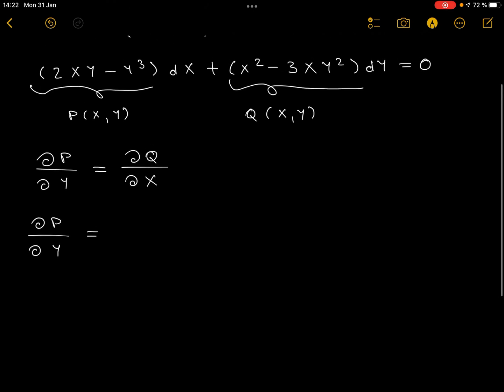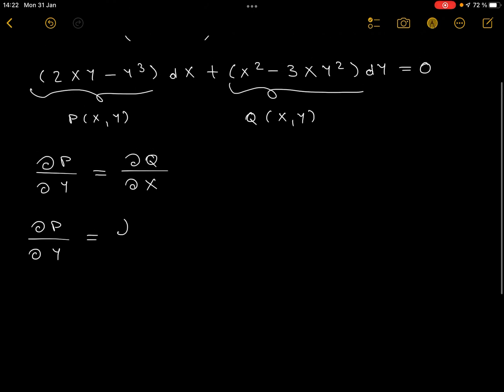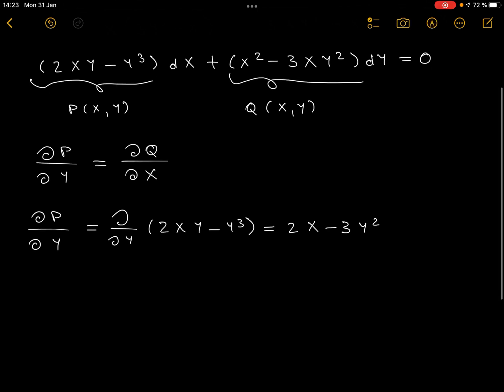So partial P over partial y is the partial derivative with respect to y of 2xy minus y to the third power, which is 2x minus 3y squared.